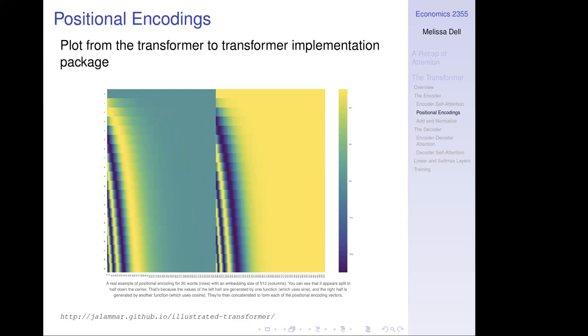And it's plotting, on the x-axis, the 512 dimensional vector that you're adding on, and then the y-axis is just the order in your sequence. And you can see it looks like two things stacked on top of each other. And that's because it's using a sine and cosine function.